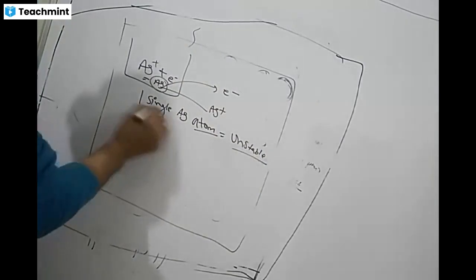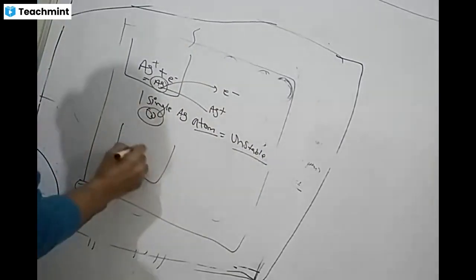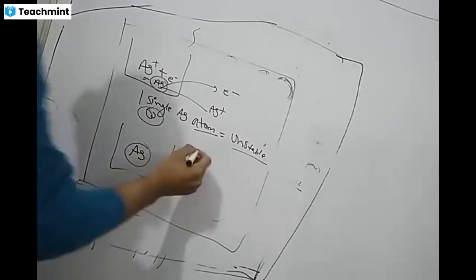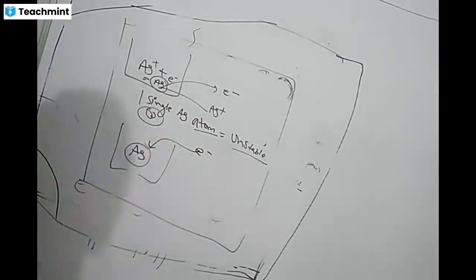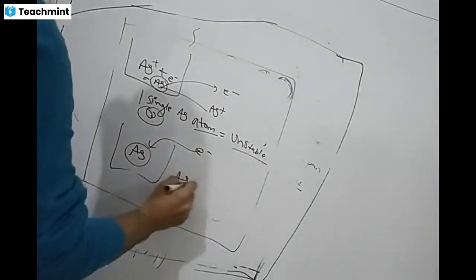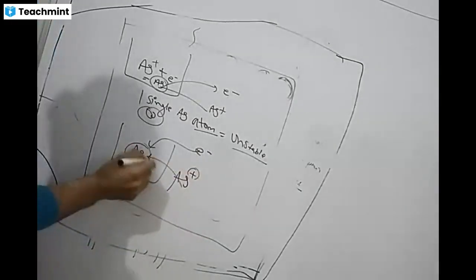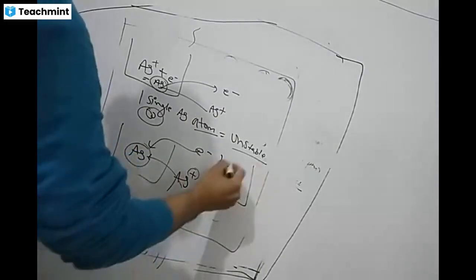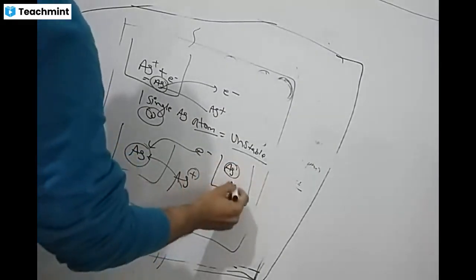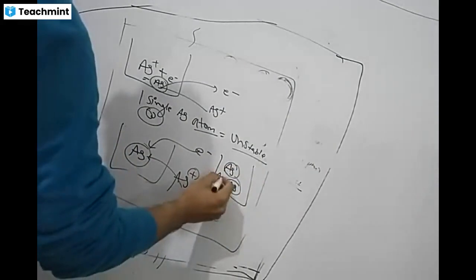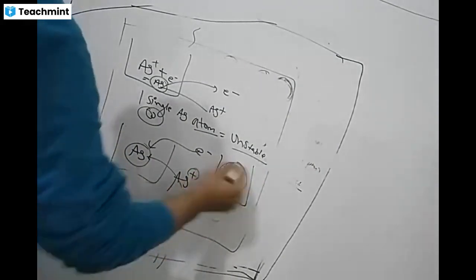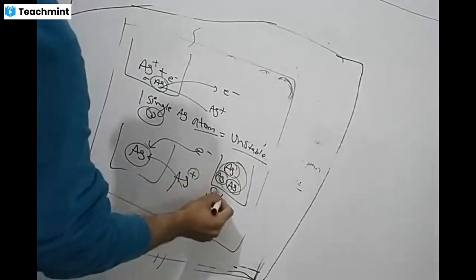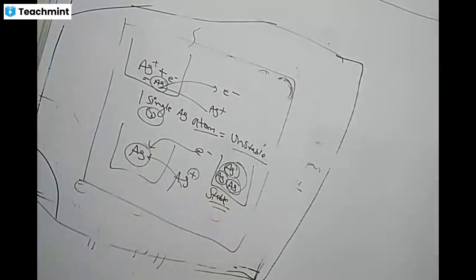Or there may be chances that this silver will attract more electrons and more Ag plus towards it. If two or three atoms are there, it will become stable and will not break.